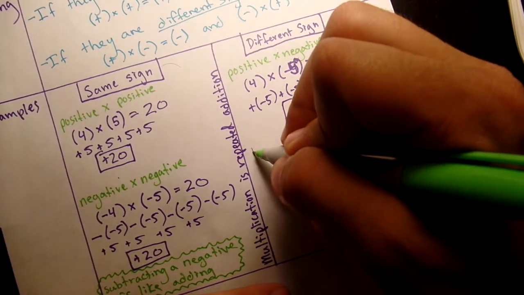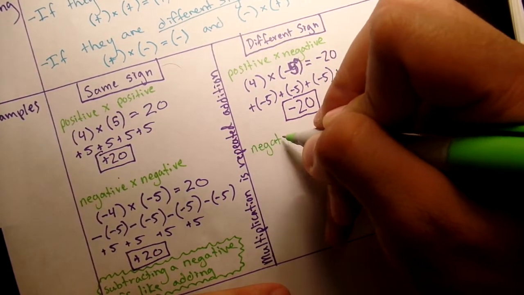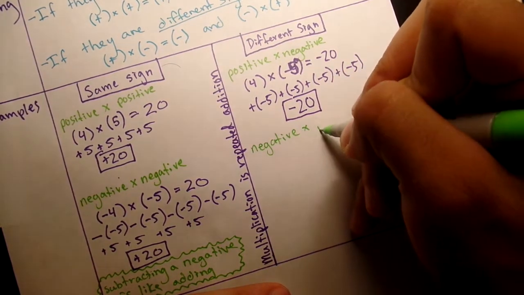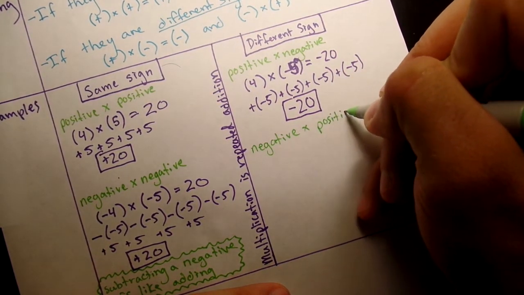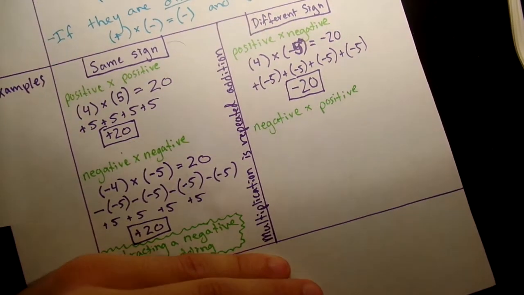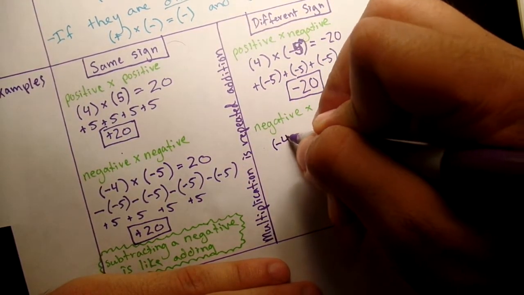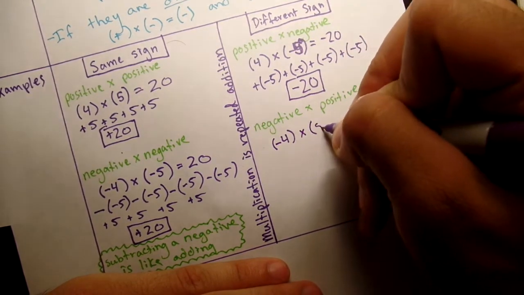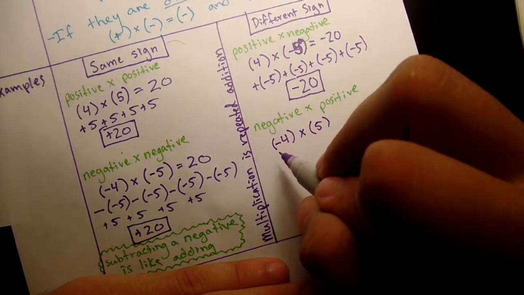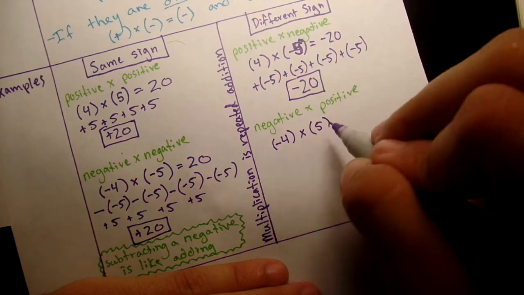And we'll see that negative times a positive is similar. Again, they're different signs, so the answer should be negative. So we'll say now -4 times +5. And what this means is you're subtracting 4 times a +5.